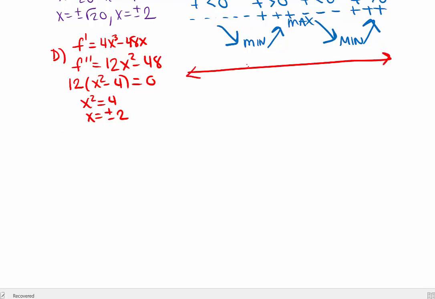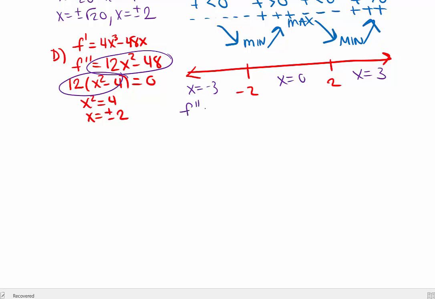I'm going to make a table to analyze the concavity. I'll pick test values in each of these intervals, and then plug them into my second derivative and see if I get something that's positive or negative. If I plug in x equals negative 3, I end up getting a positive number. If I plug in x equals 0, I get a negative number.